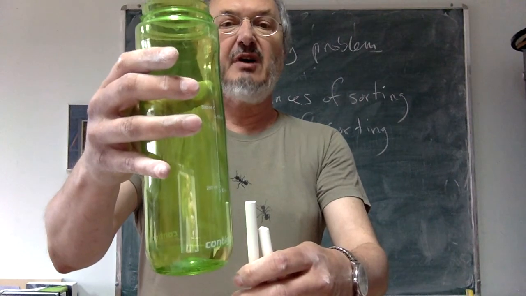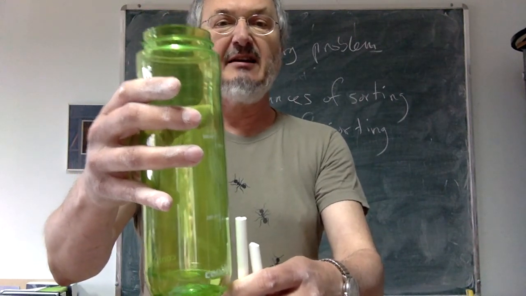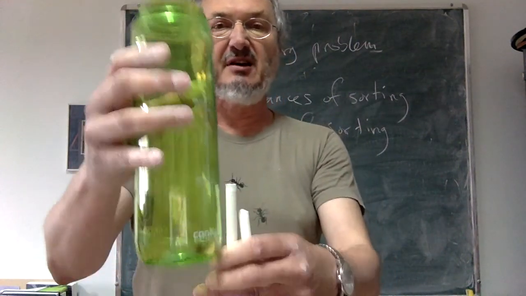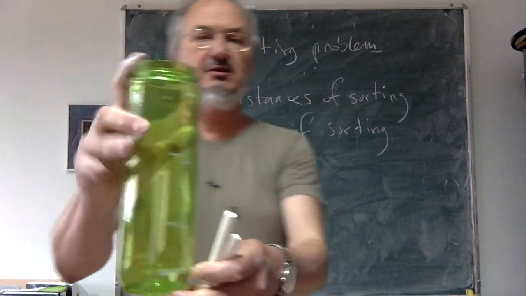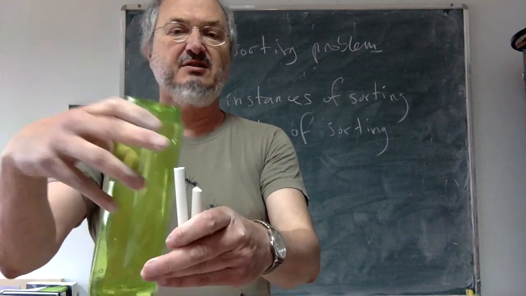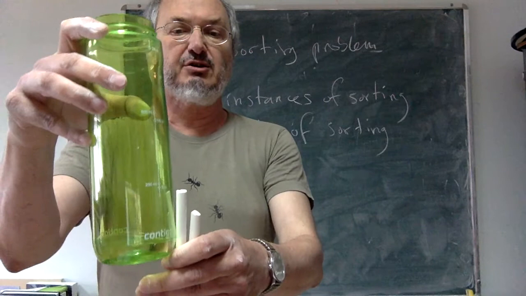So I sorted them by length. I just bang it on the table, and because of gravity, they sorted themselves out. And from here on, all I have to do is measurement. This looks taller, so this is the highest. This is second tallest, and this is the shortest.